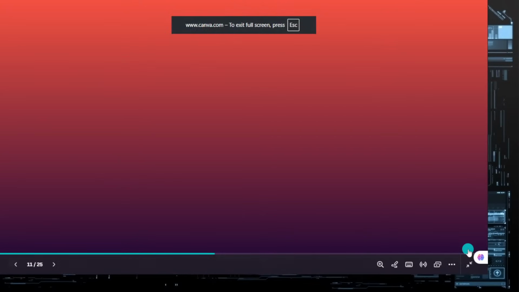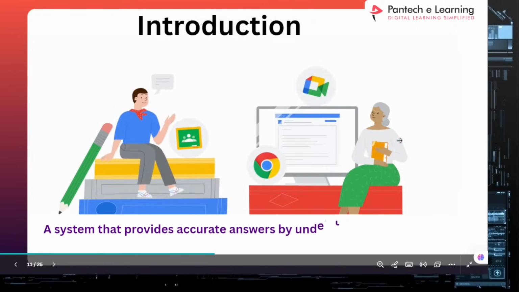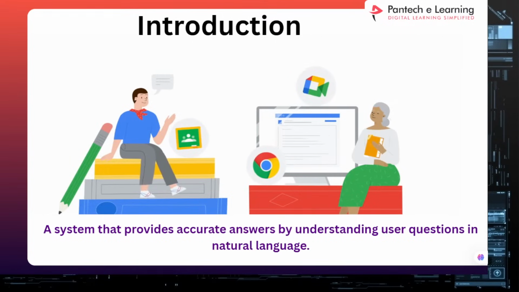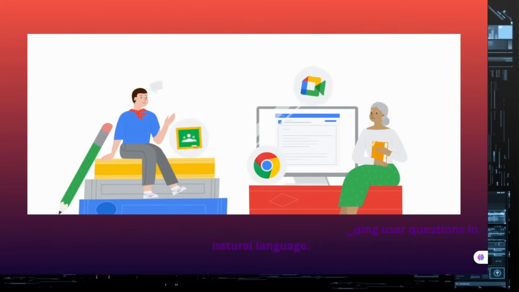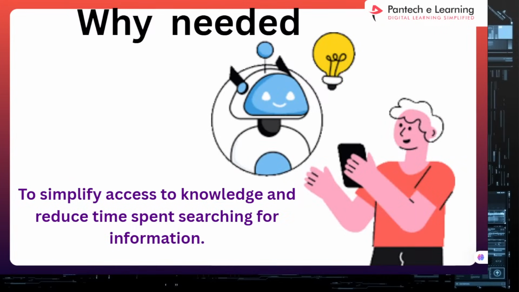In this introduction part, the knowledge assistant provides better, accurate results for whatever input you enter, using prompts, natural language processing, and other requirements. Coming to the next one, why use a knowledge assistant?